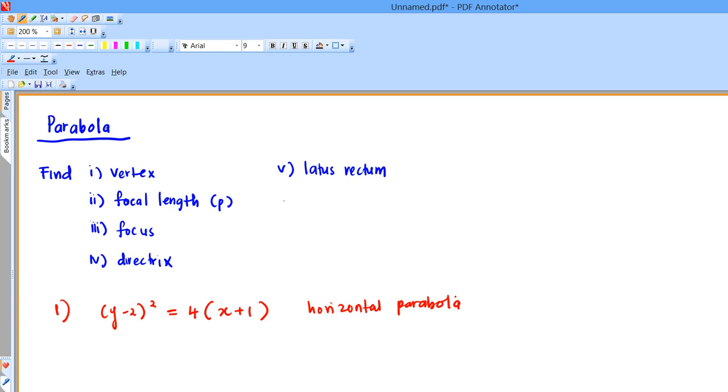And then to know whether the shape opens to the right or to the left, it is actually based on this sign. We have a positive sign, meaning this parabola opens to the right.